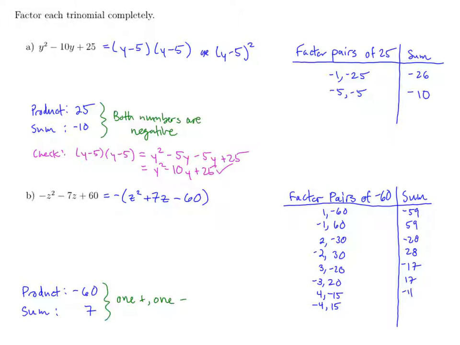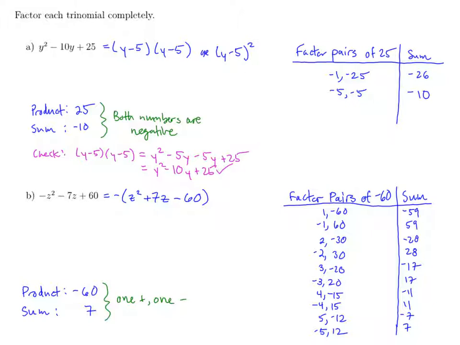Negative 4 and positive 15 gives me a sum of positive 11. So not quite there yet. 5 is also a factor of 60, so 5 and negative 12 gives me a sum of negative 7. Negative 5 and positive 12, that's the one that's going to give me a sum of positive 7. So I can stop at this point. There would be a couple more factors I could consider, but I've got the two factor pairs that I need.